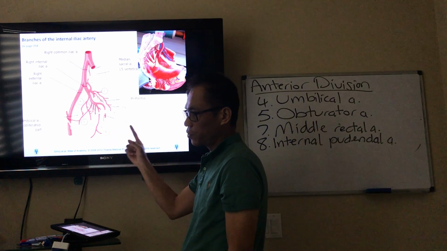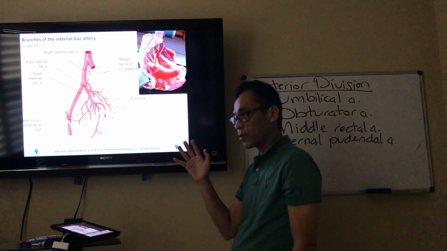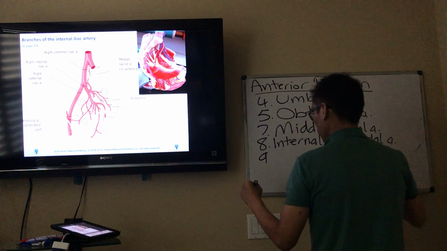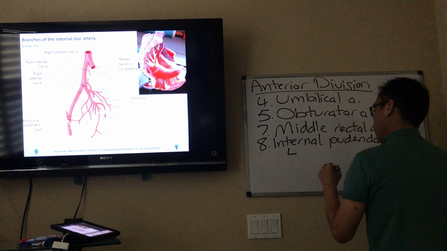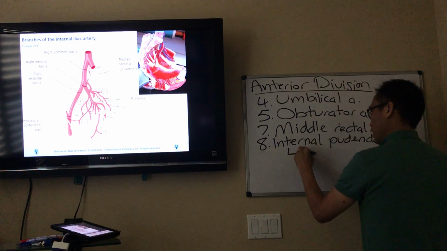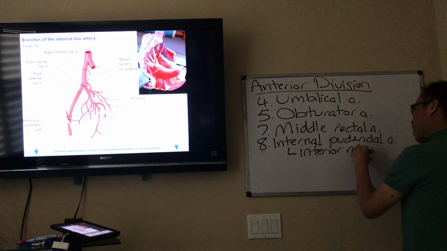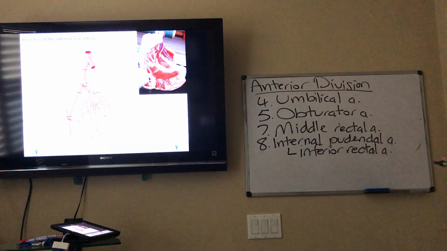The branch of the internal pudendal I would like you to know is the inferior rectal artery. Sorry, there's no number to it. I'll just list it under here as the inferior rectal artery, a branch of the internal pudendal.